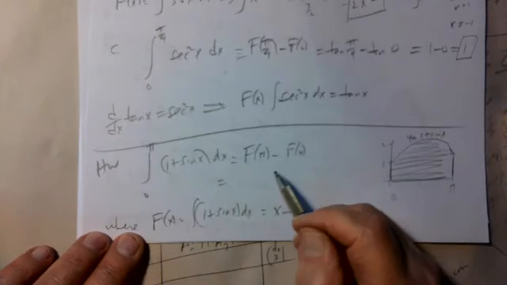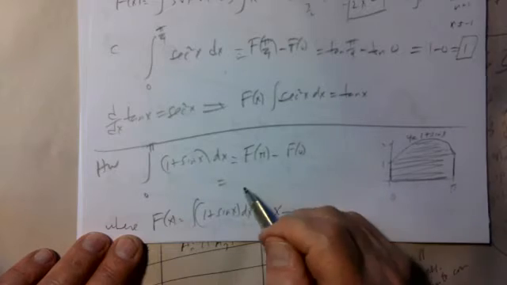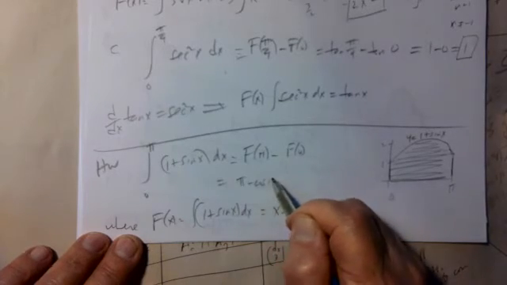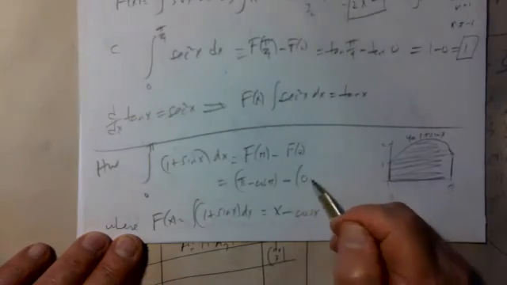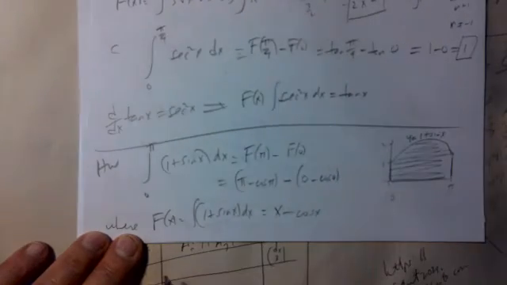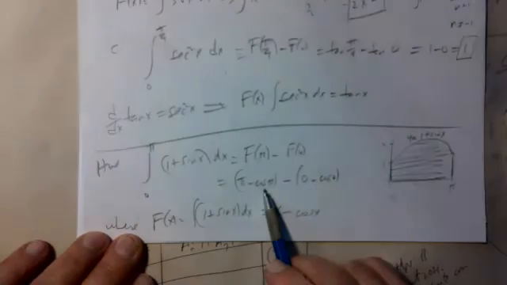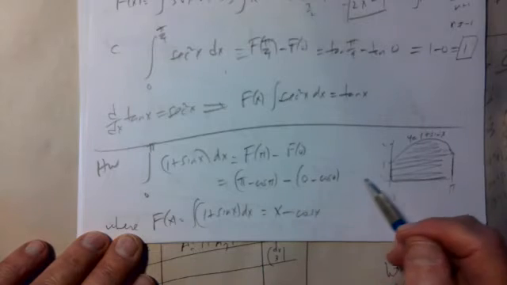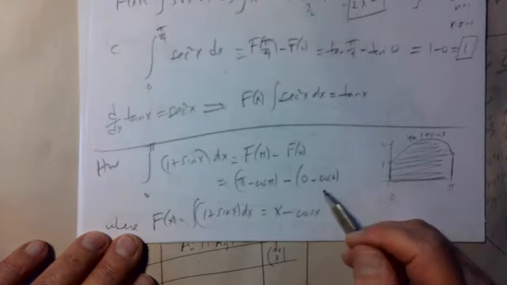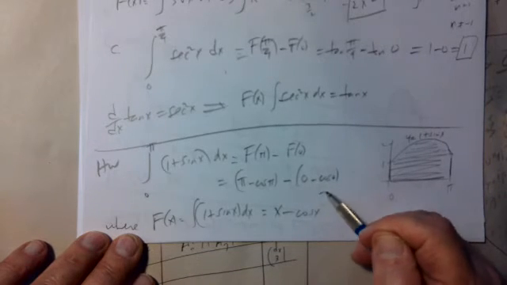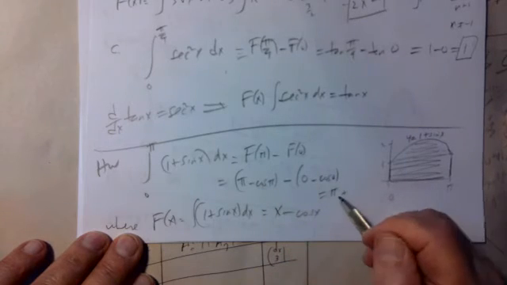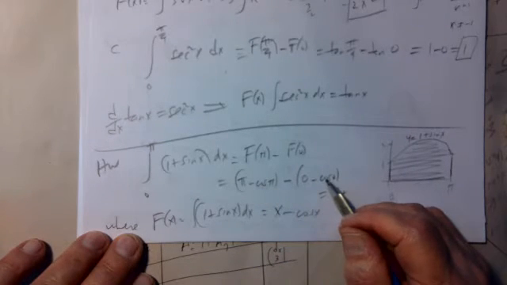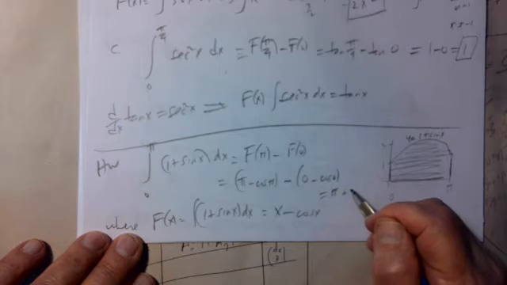So this is equal to this evaluated at pi, pi minus cosine pi, minus this evaluated at 0, 0 minus cosine 0. Cosine pi is minus 1, cosine 0 is plus 1. So this is equal to pi minus minus 1, plus 1 plus cosine 0, which is another 1.